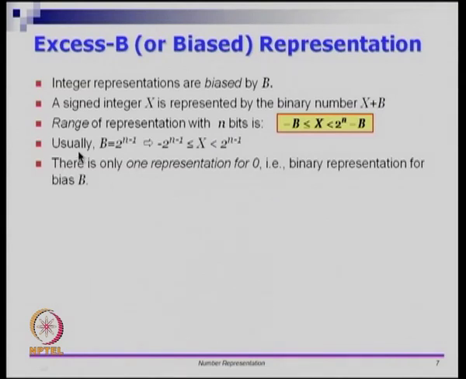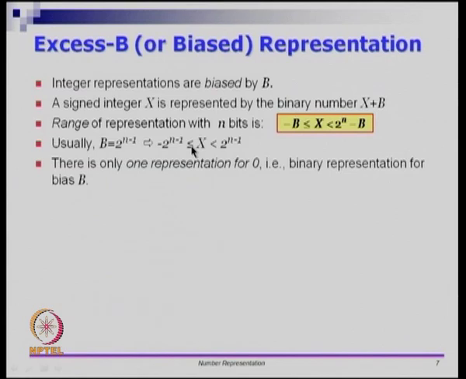Usually B itself is picked as 2 power n minus 1. We do not do XS5, XS6 and so on, we do XS3, XS7, XS15 and so on. Usually B is picked in such a way that the complete range of bits can be interpreted. If B is 2 power n minus 1, then we can represent all the way from minus 2 power n minus 1 to 2 power n minus 1 minus 1.